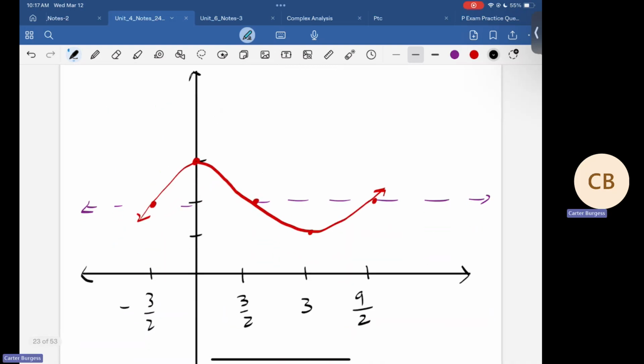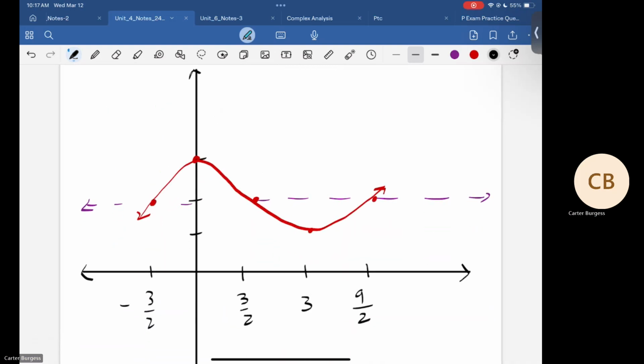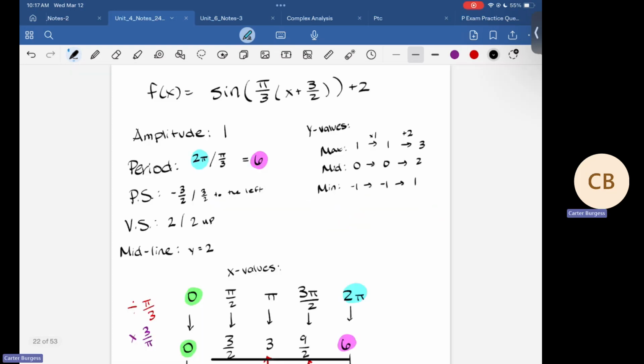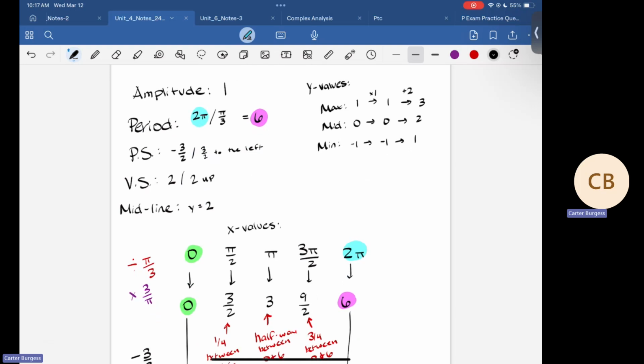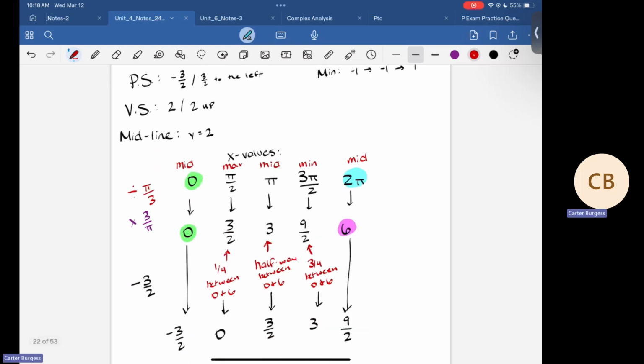Graph looks like this. I guess the one thing I should note here, because this is sine, what is the pattern that we are going to follow? Very nice.